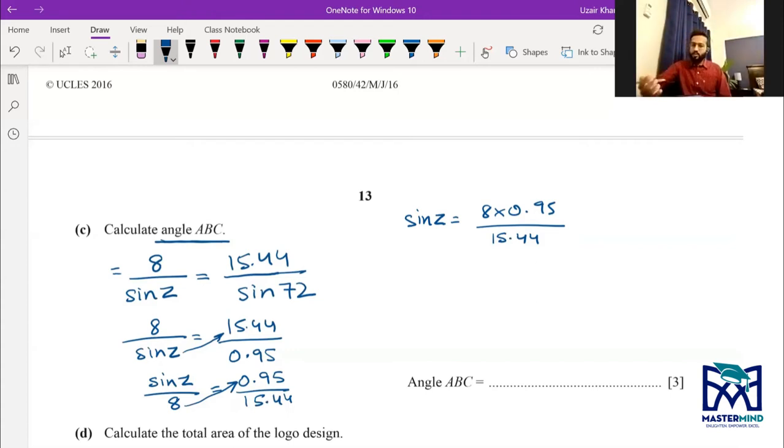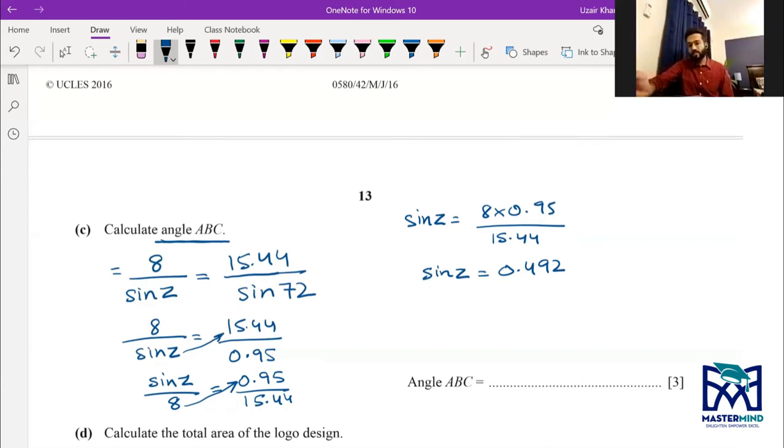You can always do that as well, but this is a shortcut method. It will save you some steps. So let's first find what that fraction is equal to. It's 8 times 0.95 divided by 15.44. That gives me sine Z equals 0.492.